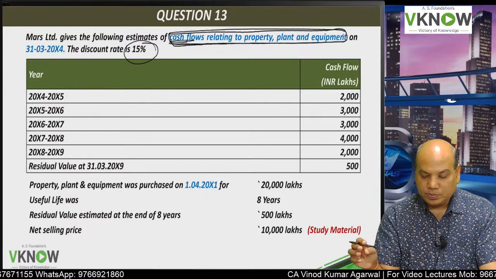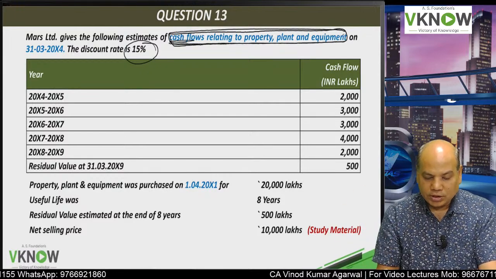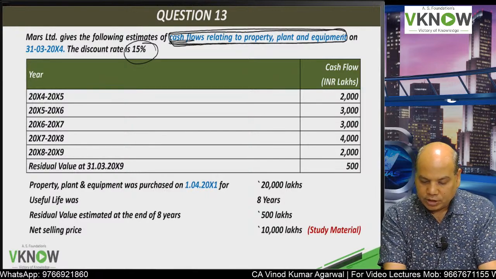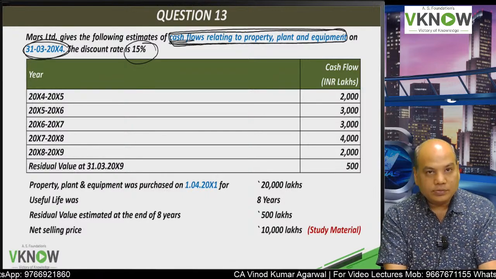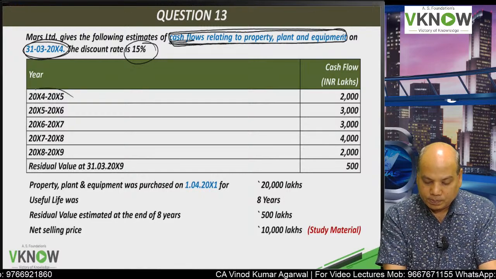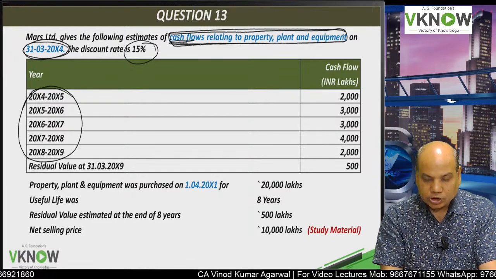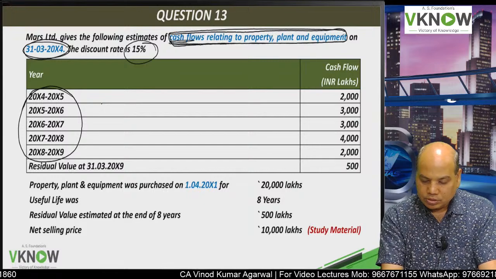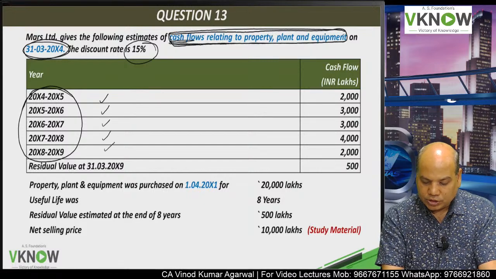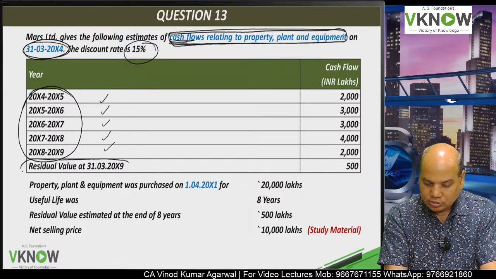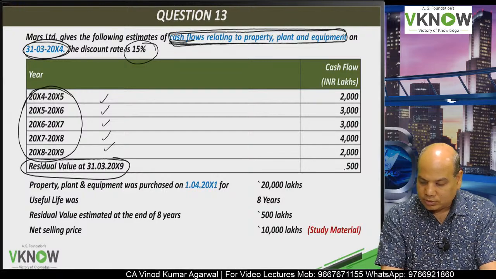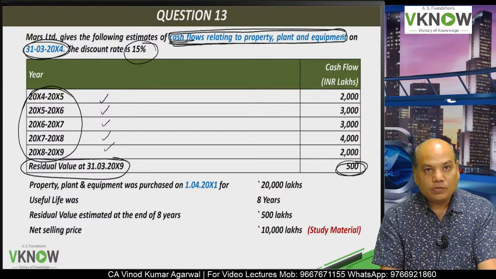So from this PPE, these cash flows are generated. We are on 31st March 20x4 and we are projecting the cash flows of the future. Next 5-year cash flows are given, and in the last year, 5th year, you have a residual value of 500 also.